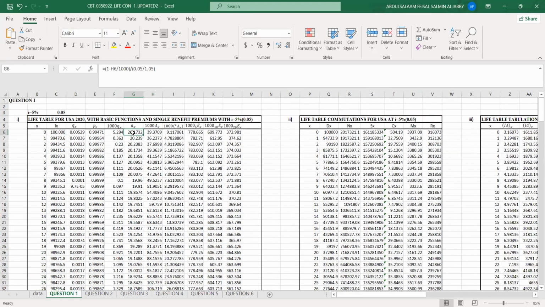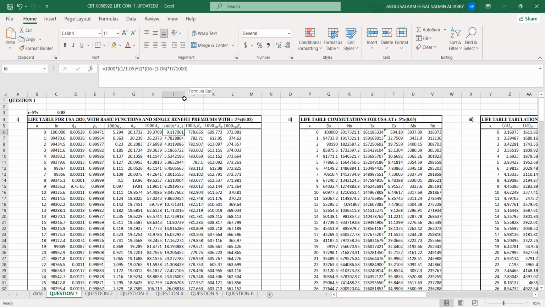To get this ä_x from our formula, it's 1 minus 1000 Ax divided by 1000, because this is 1000 Ax and we only need the value of Ax. That's why we divided by 1000. Divide by the interest rate, d, which is 0.05 over 1 plus i. After getting the value, just drag all the way down.